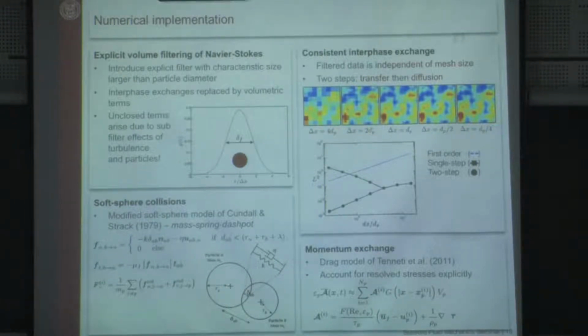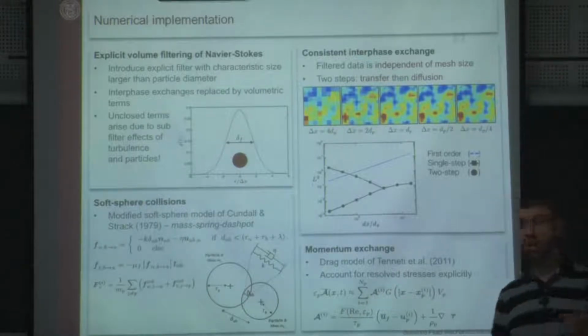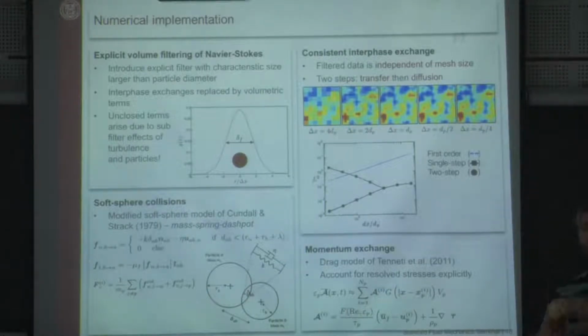What you can do is something similar to what we've done this week. Send your data locally to your closest cells, and then apply a diffusion operator that you can implement implicitly that will directly give you an equivalent filter. A simple diffusion of a sharp Gaussian will give you a wider Gaussian.